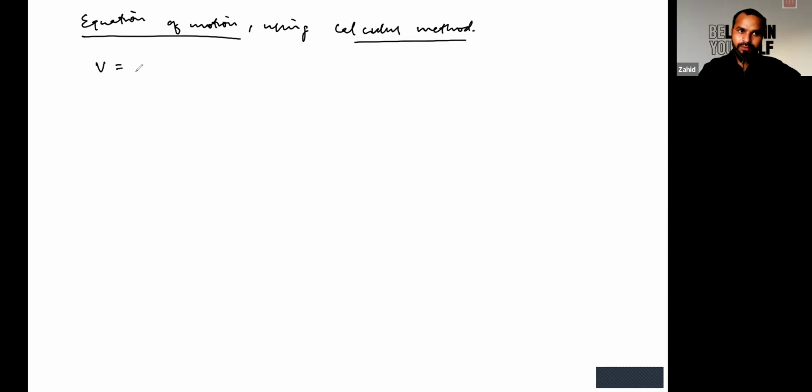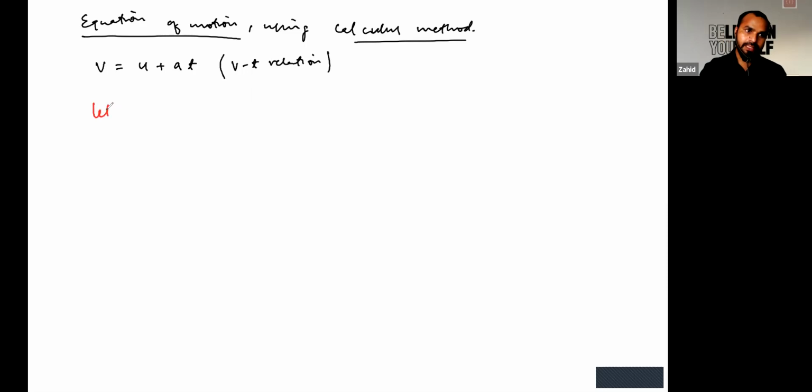The first equation is v equals u plus at. I have called this equation the velocity time relation. So how do we derive this relation? Using velocity and time, we are able to calculate acceleration.